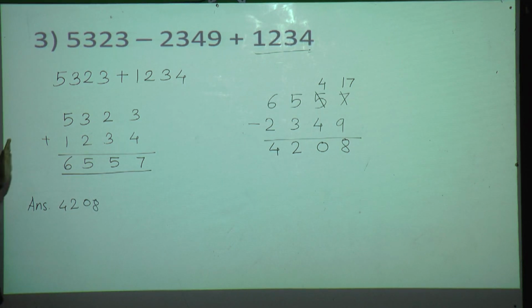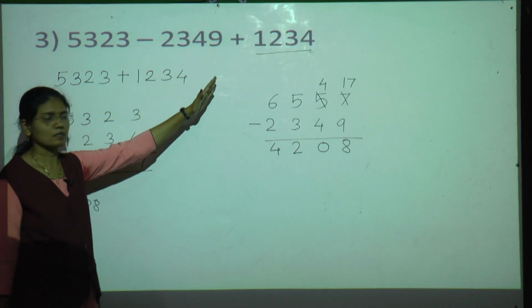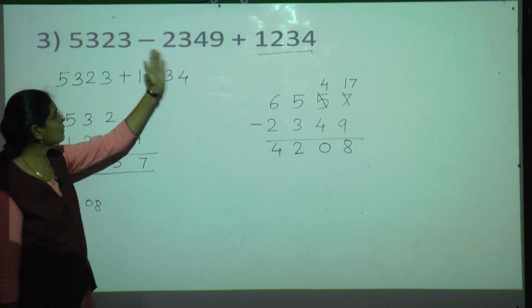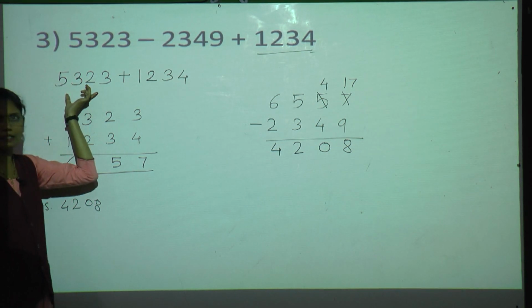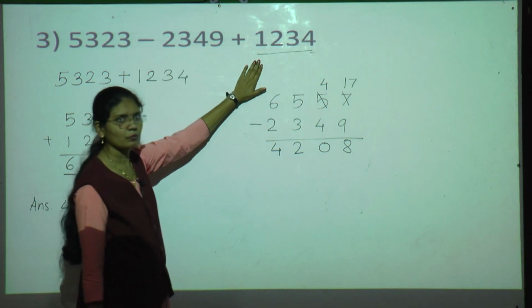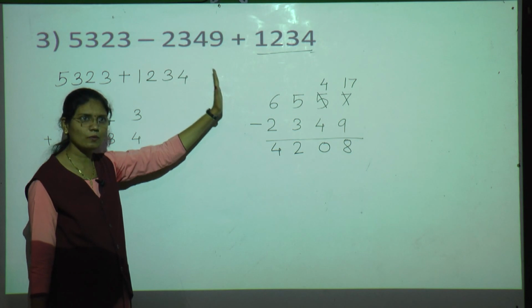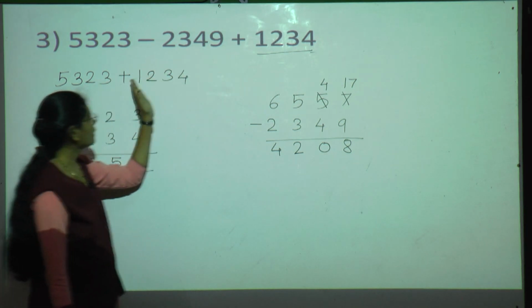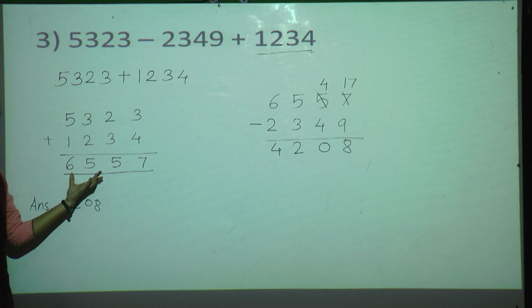Once again I will tell you what you have to do. See the numbers carefully. They have given us 3 numbers. In the first step we have to write the first number compulsorily as it is. Then we have to see the remaining 2 numbers. From these two numbers, the number having a plus sign before it, we have to take here, and in the first step we have to do the addition.